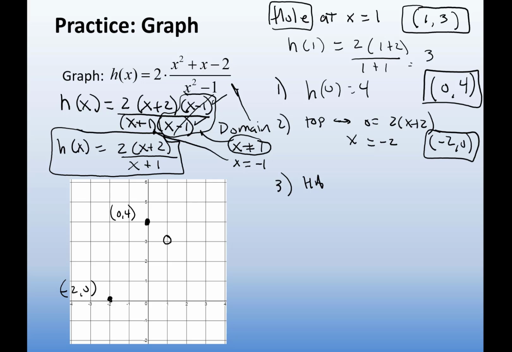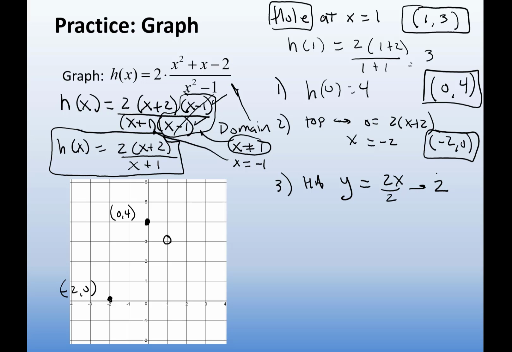My leader is 2x, and I have a leader on the bottom, which is an x, which goes to 2.